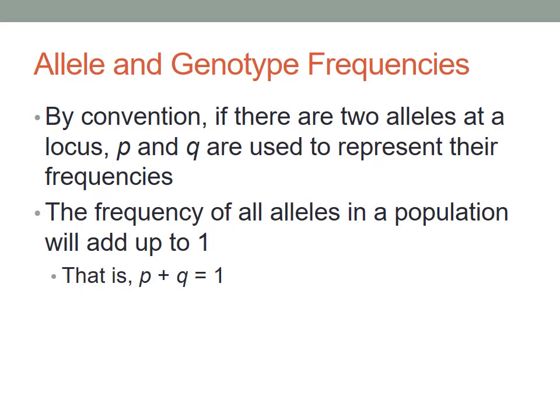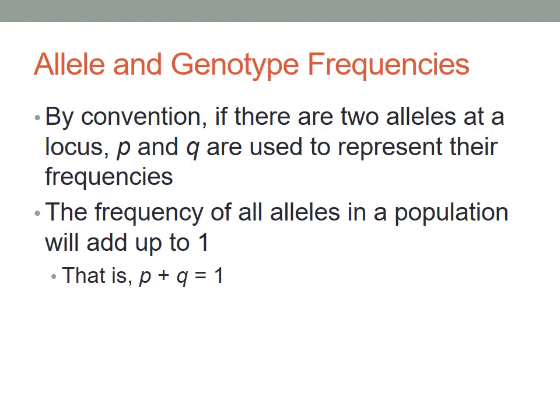So how do we calculate these things? Well, you're going to see a lot of letters P and Q today. Because if there are two alleles at a locus, so at a gene locus, the location for a gene on the chromosomes, we use P and Q for representing the frequencies. The frequency of all alleles in a population has to add up to 1.